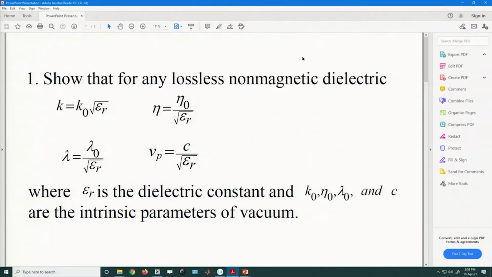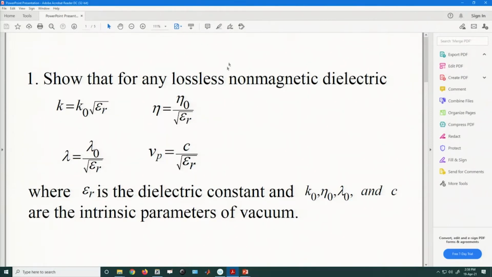So our first problem states that we need to show that for any lossless non-magnetic dielectric, k is equal to k naught multiplied by root under epsilon r, eta equals eta naught divided by root under epsilon r, lambda is lambda naught divided by root under epsilon r, and Vp, that is the phase velocity, is equal to c upon root under epsilon r, where epsilon r is the dielectric constant and k naught, eta naught, lambda naught and c are the intrinsic parameters of vacuum.